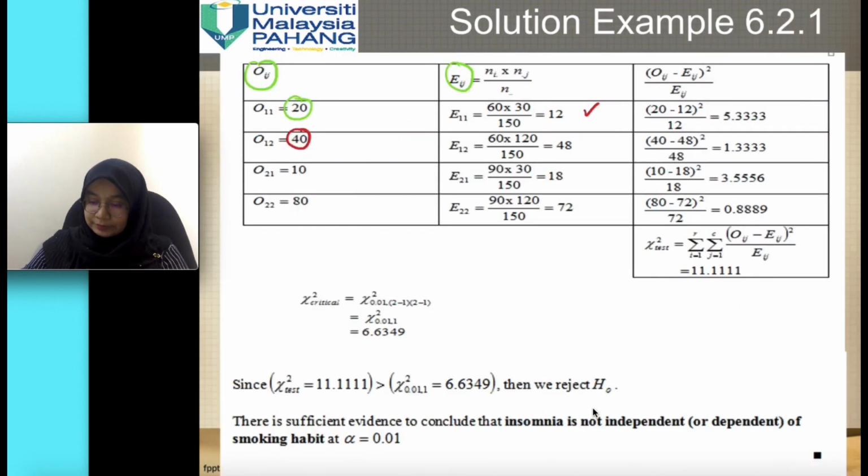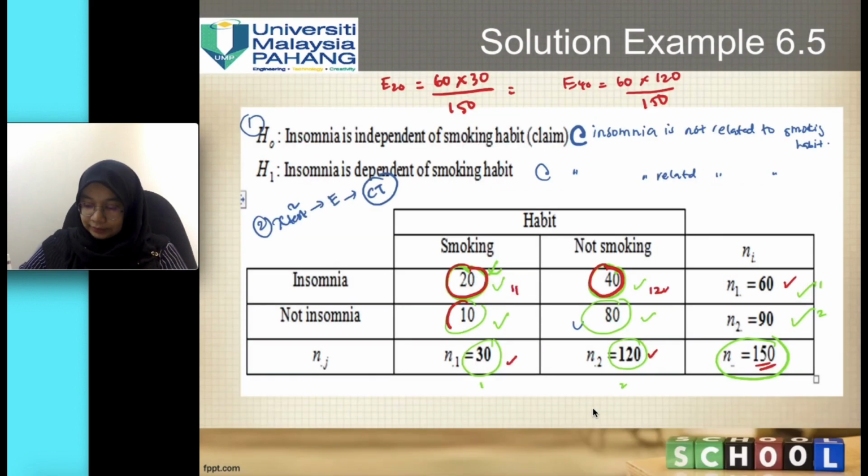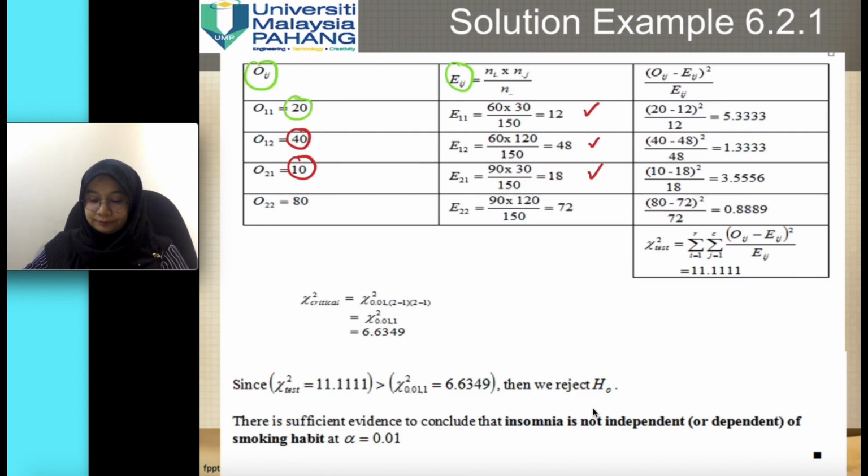You will get this one. How about E for 10? Look at here. 10 is located at row 2, column 1. So, row 2 is 90 times column 1 is 30 divided by 150. You will get E for 10 is equal to 18.